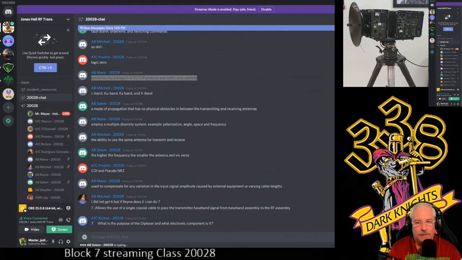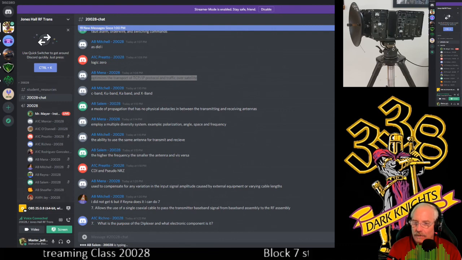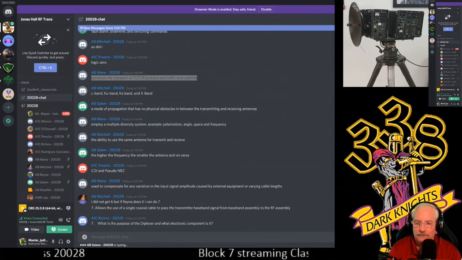Somebody help me out here. What's the purpose of the diplexer and what electronic component is it? Okay. Well, you got the first part. What electronic component is it? Anybody?